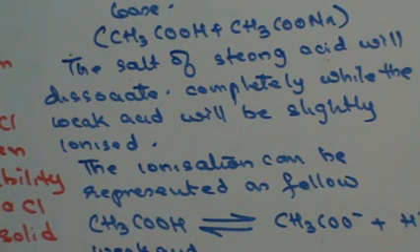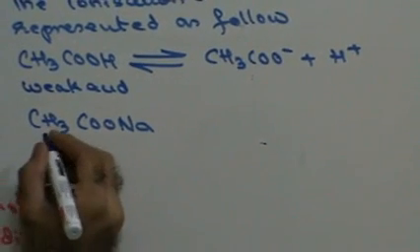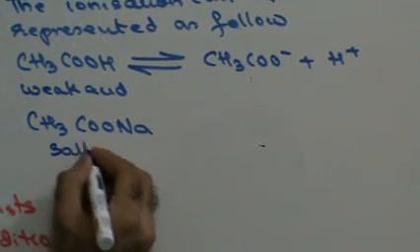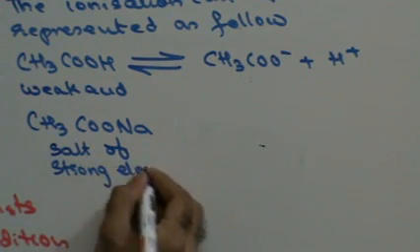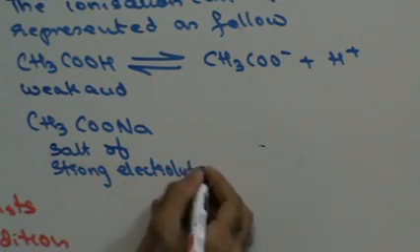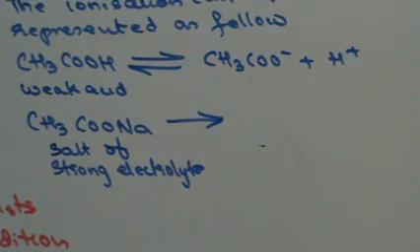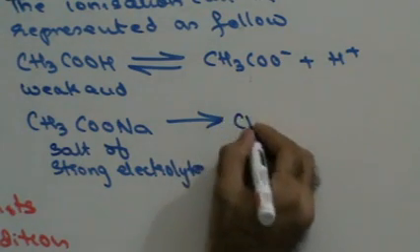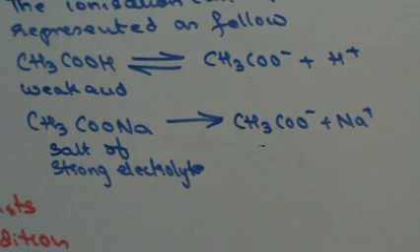And sodium acetate, CH3COONa, this is salt of strong electrolyte, will dissociate completely to give you acetate ions and sodium ions. Now, all this is already present in the solution.